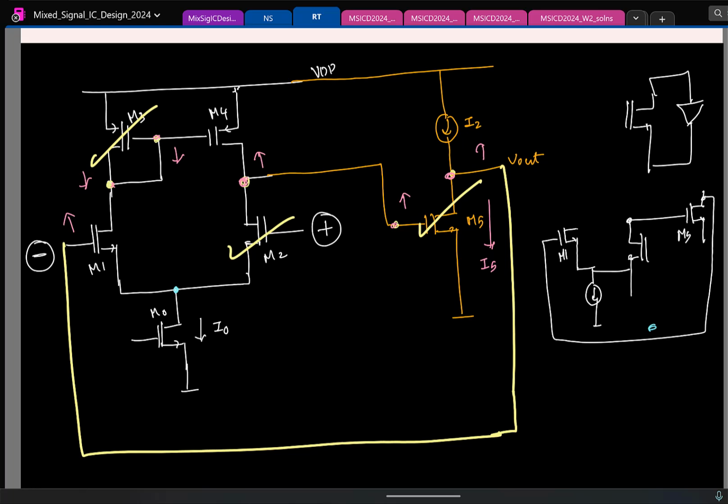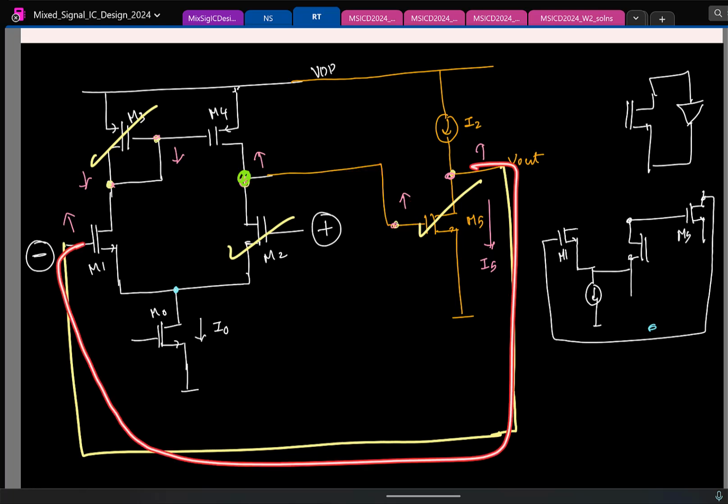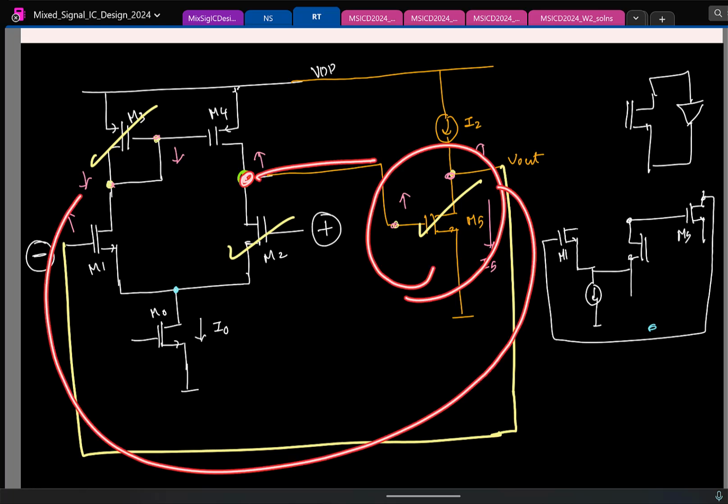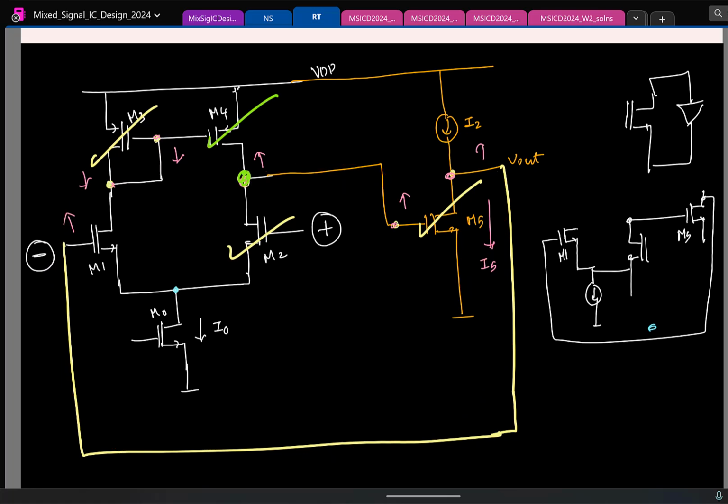We are sensing at the drain, clear? And what are we controlling? The gate. You see that this is getting sensed, we amplify it, the amplified signal goes here, it gets further amplified here and then goes there. So this is again sensing at the drain, amplifying it and feeding it to the gate. So this also has a negative feedback around it.